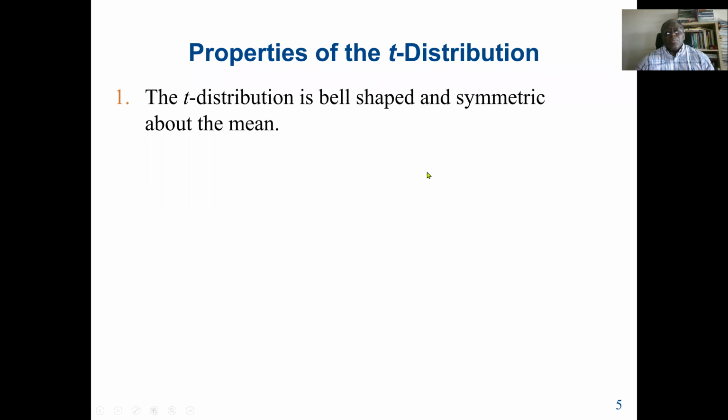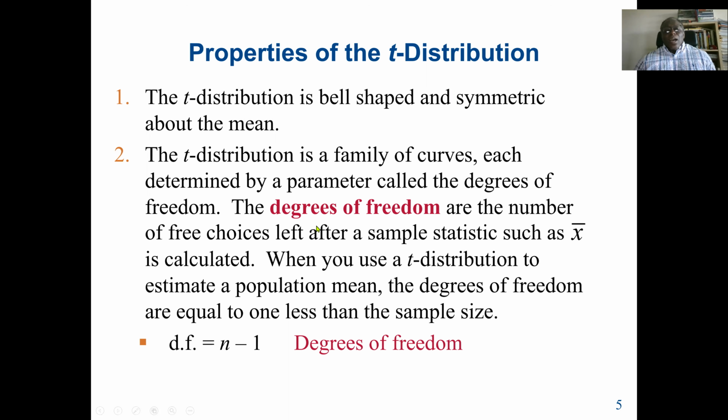So these are the properties of the t-distribution. First, the t-distribution is bell shaped and also symmetric about the mean. So the t-distribution also is normally distributed. Now, the t-distribution is a family of curves, each determined by a parameter called the degrees of freedom.